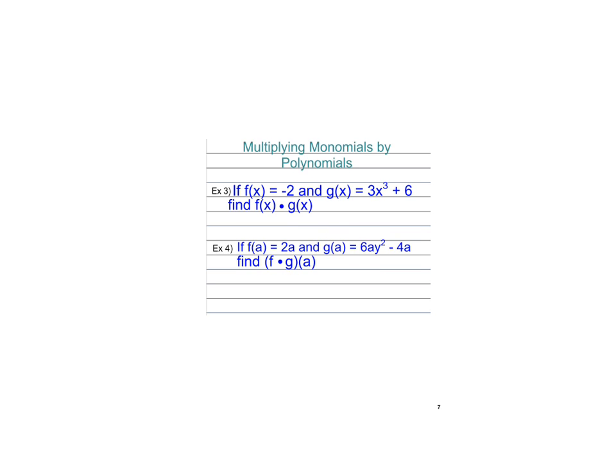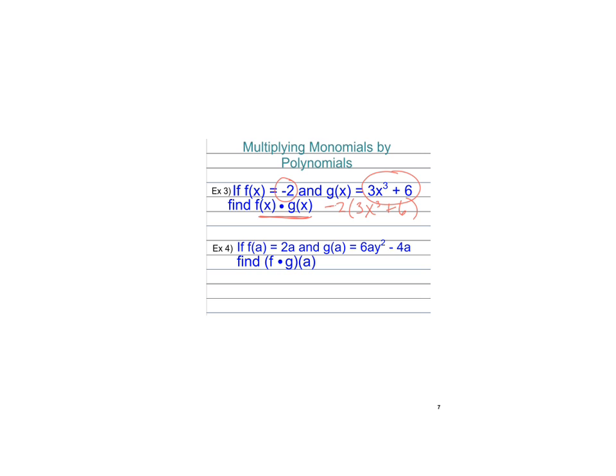So rather than having a separate day of function notation, I'm just incorporating it here. This says f of x equals negative 2 and g of x equals 3x cubed plus 6. Find f of x times g of x. So I'm taking f of x and multiplying it by g of x. What it looks like is negative 2 times 3x cubed plus 6.